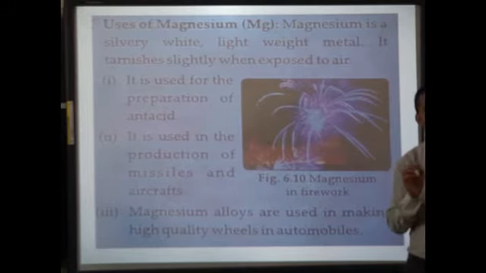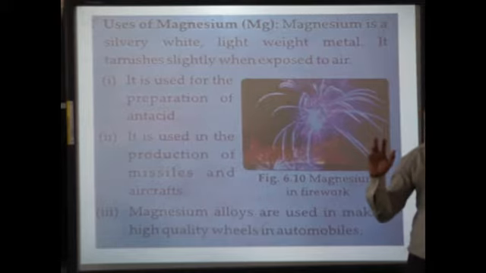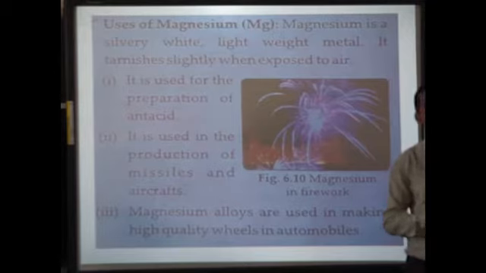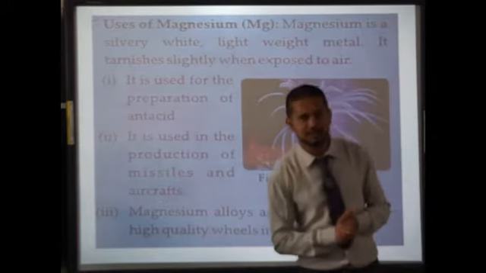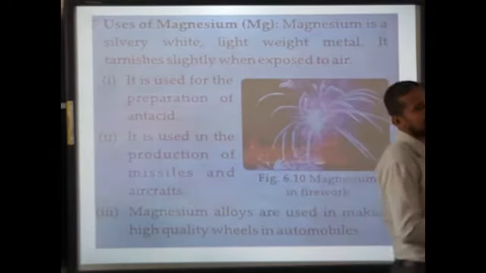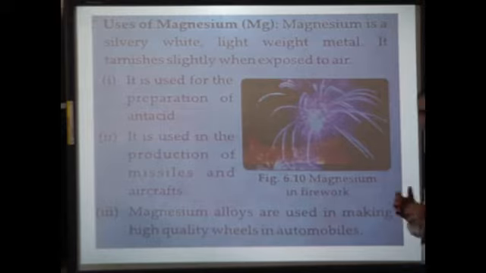And the syrup that we take for indigestion, that is an antacid, Digene, even Digene contains magnesium. Chlorophyll also contains magnesium. So magnesium is a very useful metal. Magnesium is a silvery white, lightweight metal. It tarnishes slightly when exposed to air.